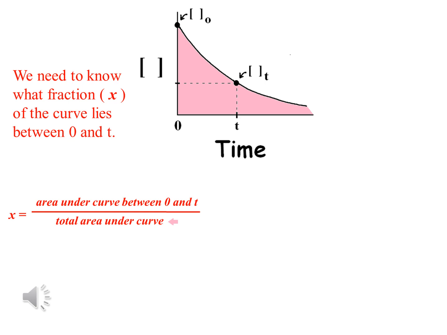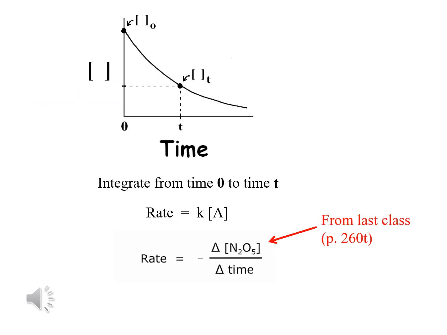And if you take the area between 0 and t divided by the total area, this is how you can get an equation. Now, obviously, you don't have to have calculus in order to take this class, but I at least want to show you where the equation comes from that we're going to use.